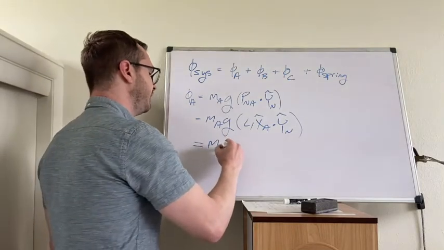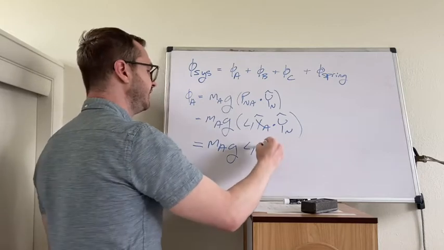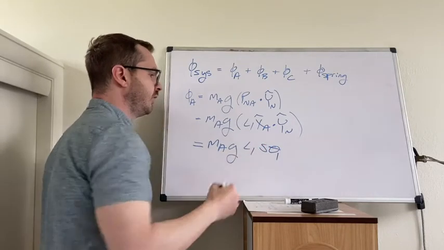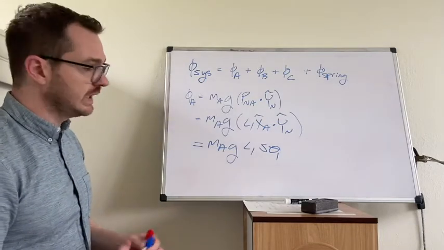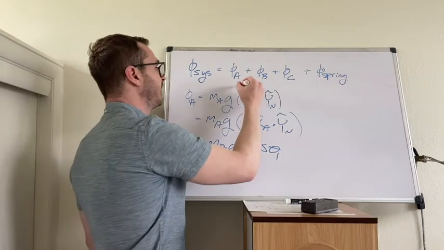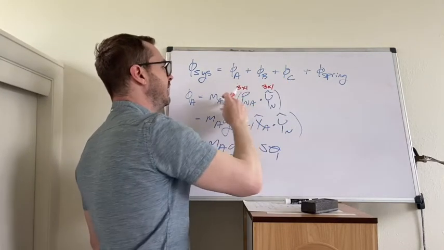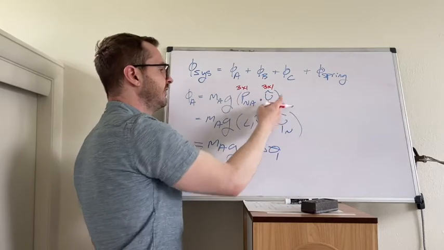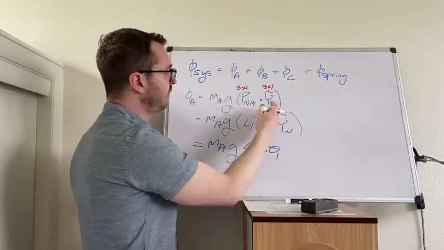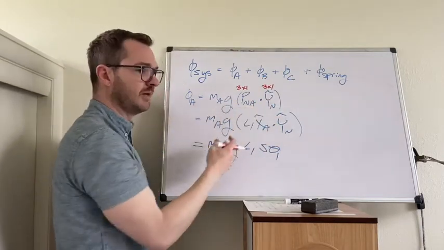So what this becomes is MA G times L1 times sine theta 1. Here's another thing that is convenient. Because we're doing the dot product, this was a vector, and we're dotting it against a vector. This is just a unit vector in the y hat n direction, so it's still technically a 3 by 1. But once you do the dot product, it becomes a scalar.